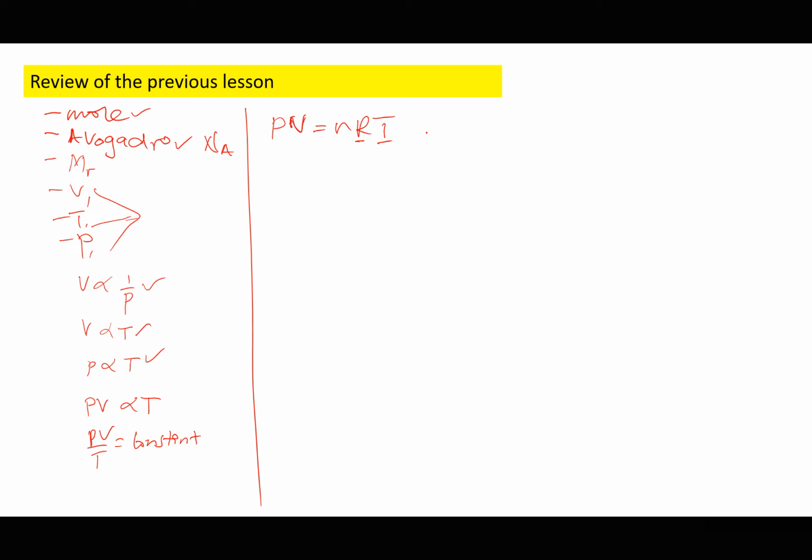We also tried to relate this to another expression by removing R, where we said a new quantity had to be defined, and that was k. We saw that since the number of moles n was equal to the mass divided by the molar mass, which is the same as the number of particles divided by Avogadro's number, we realized that capital N could be defined as n times Avogadro's number.